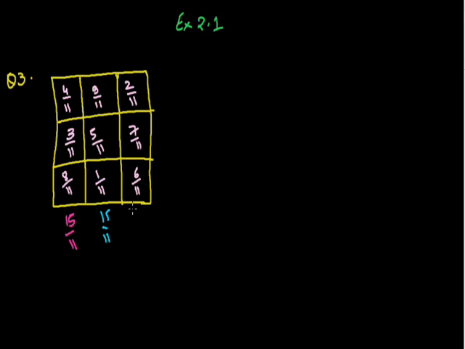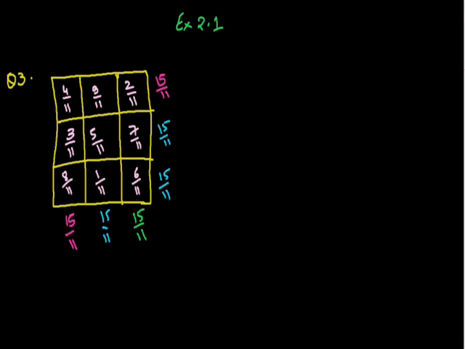If we add the third column, we will again get 15 by 11. Now if you add the first row, you will also get 15 by 11. If you add the second row, again 15 by 11. And if you add the third row, also 15 by 11.